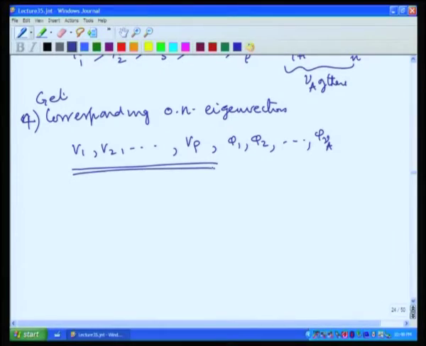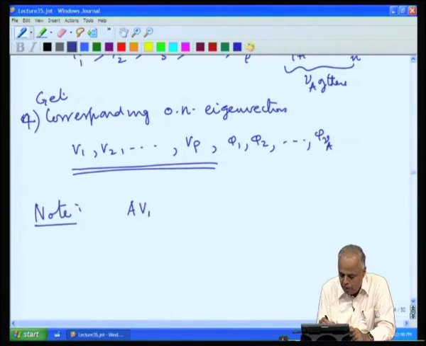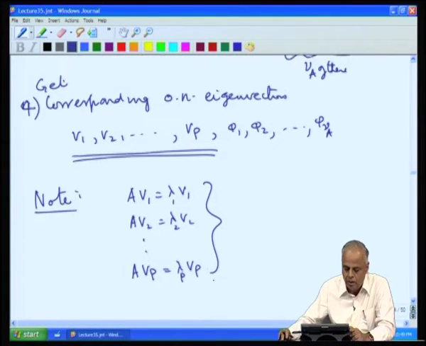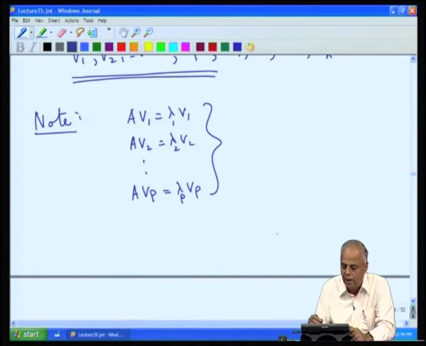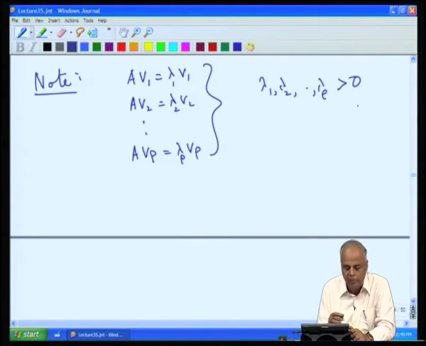Now, let us look at this V 1, V 2, V rho. Note one important property we are going to observe. V 1 is an eigenvector corresponding to lambda 1. So, we have A V 1 is lambda 1 V 1, A V 2 is lambda 2 V 2, and A V rho is lambda rho V rho. Now, lambda 1, lambda 2, lambda rho are all positive eigenvalues, and therefore, we can divide.